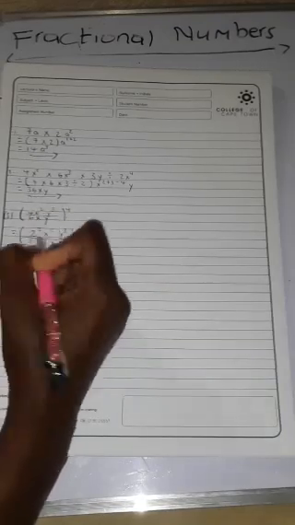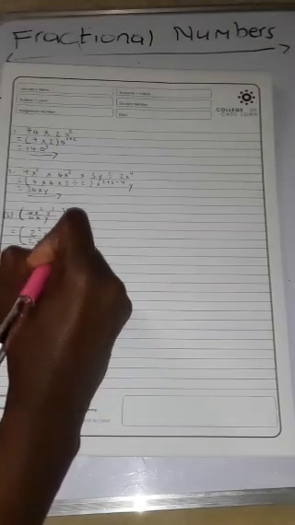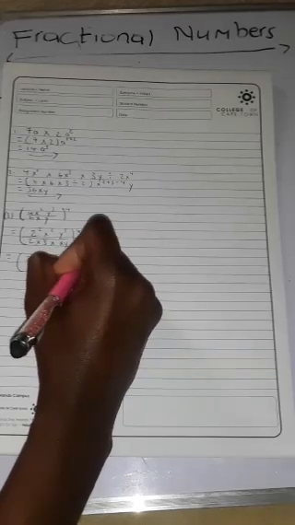Open again another bracket, put the 2 to the power of 2 minus 1, x to the power of 2 minus 1, y to the power of 3 minus 1.